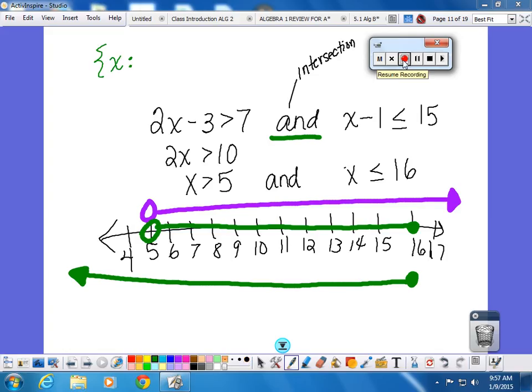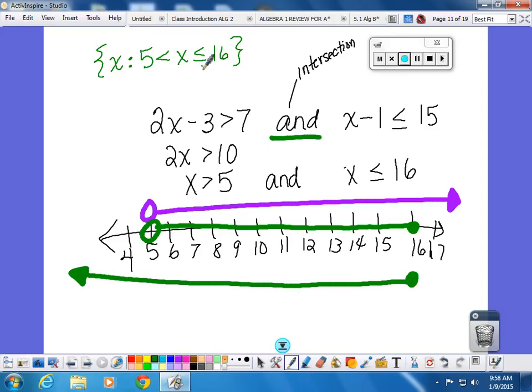With set builder notation, I read a graph like I read a book from left to right. And I say, okay, where did this start? It started at 5. All my solutions are between 5 and 16. And by the way, 16 is included, so I'm going to do a colored in or equal to right there.